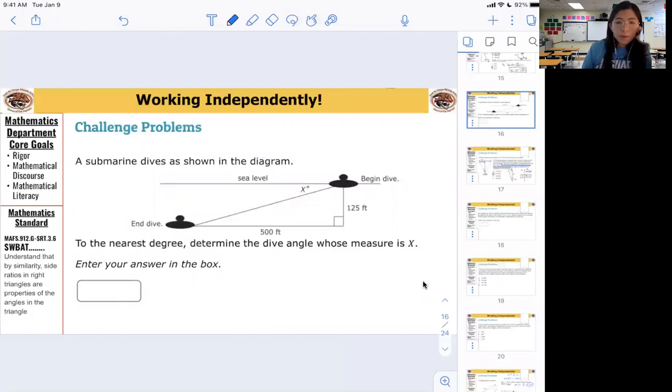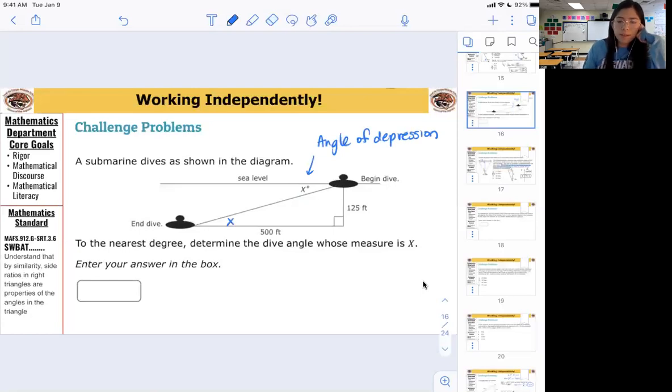Okay, but for this one, this is the angle of what? What is this called? The angle of depression. And the angle of depression is equivalent to which other angle? So these are going to be equal. So x is equal to this one down here.